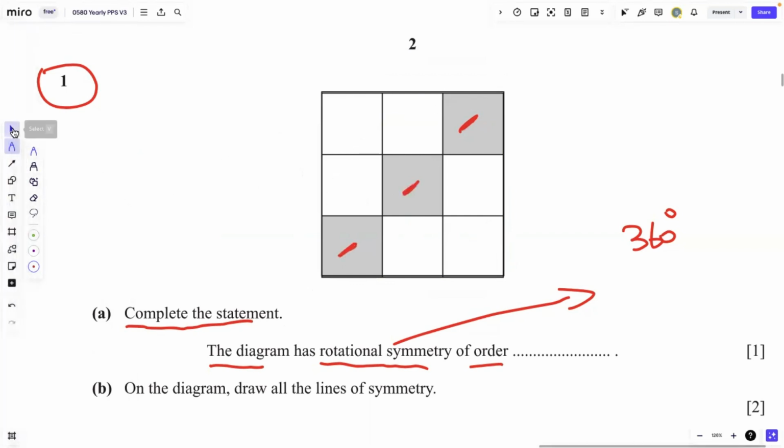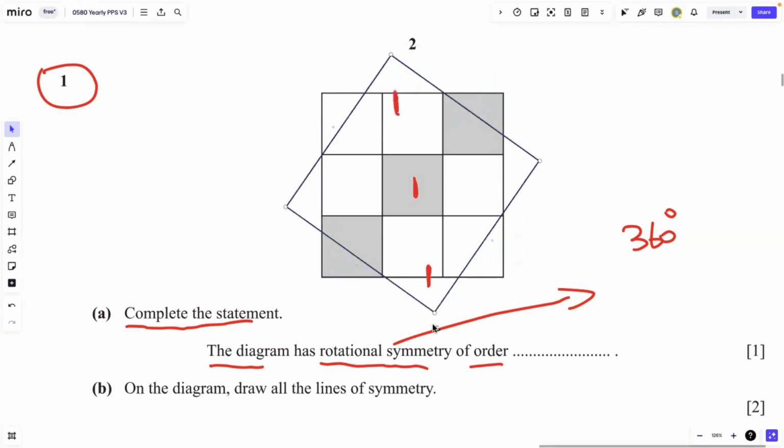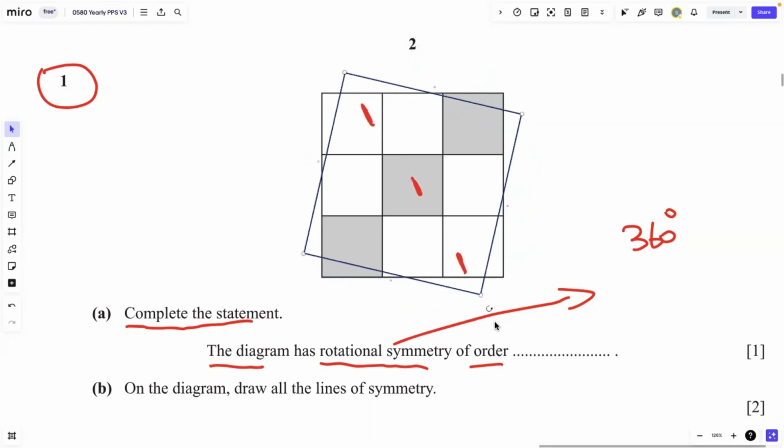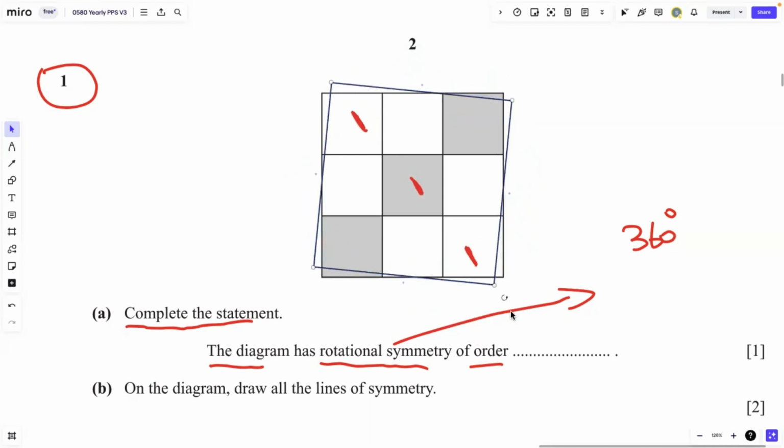Now, if we rotate the object, look at the rectangle that we are rotating. We'll rotate it 360 degrees. That's 90 degrees rotated, but it's not the same shape. So we have rotated 90 degrees, but it's still not the same shape.